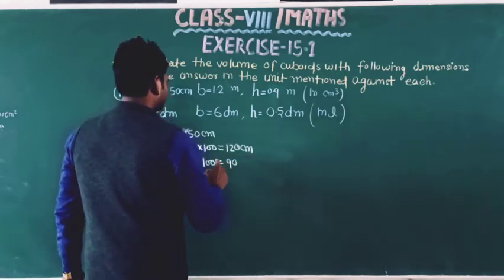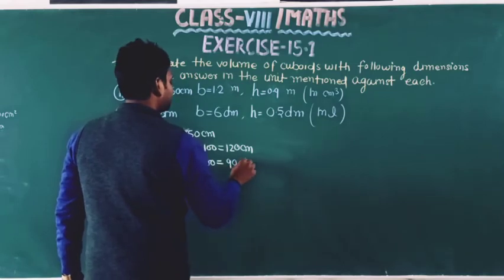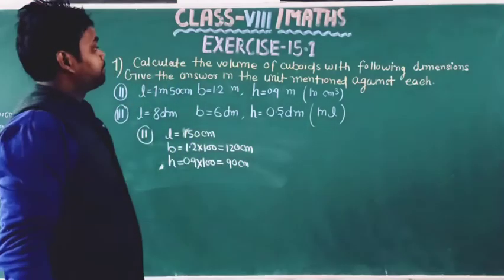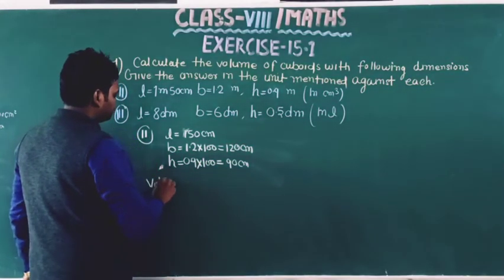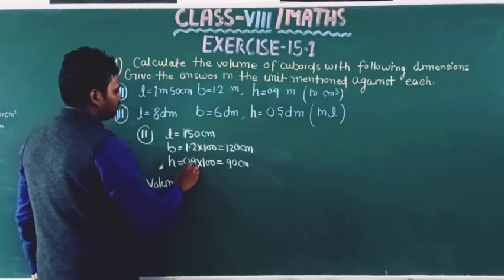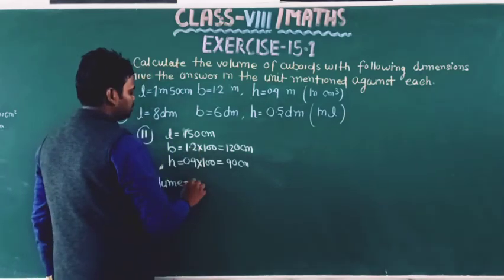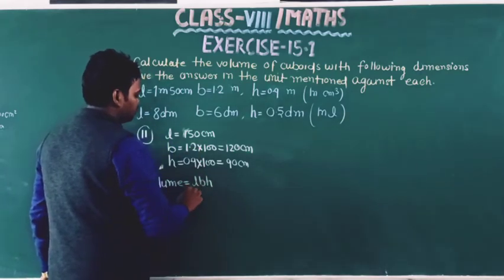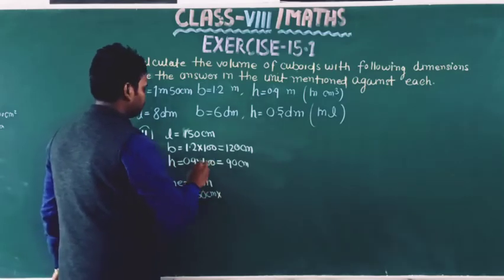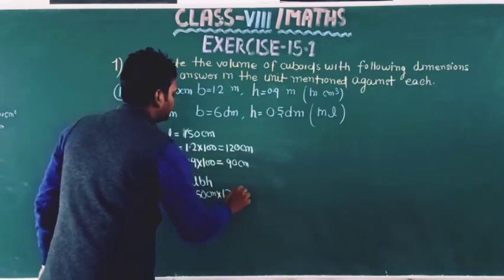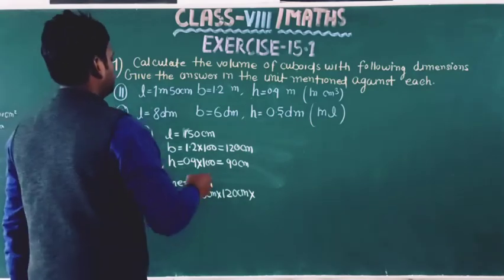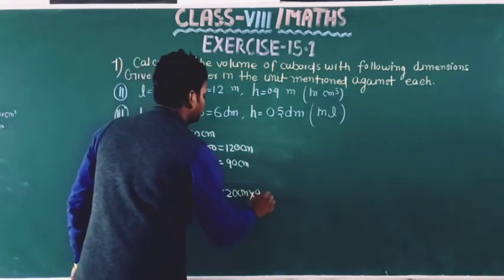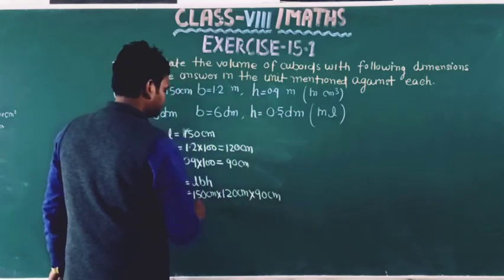Okay, then volume of cuboid equal to length into breadth into height. So length is 150 centimeter into breadth is 120 centimeter into height is 90 centimeter.